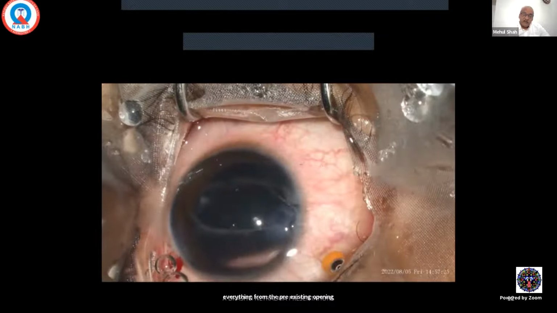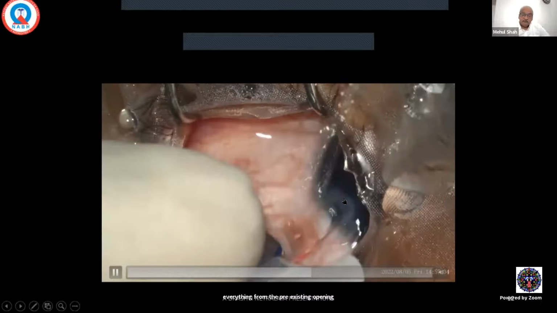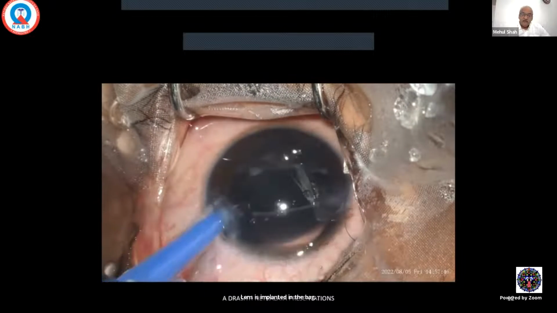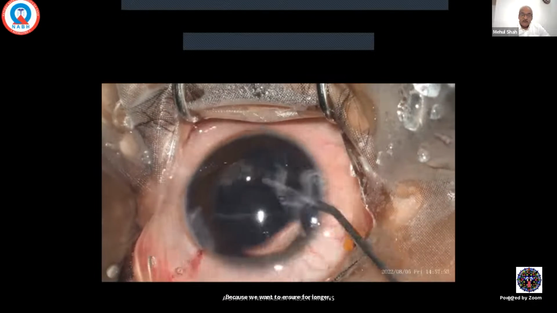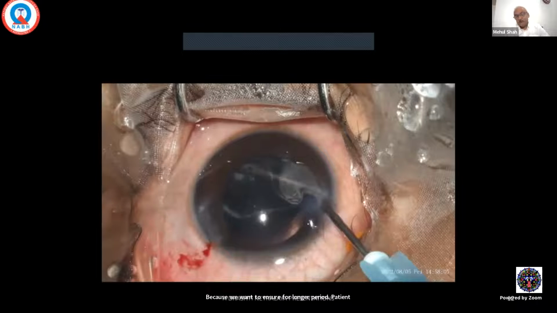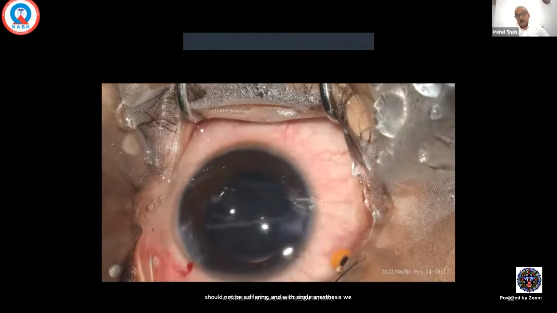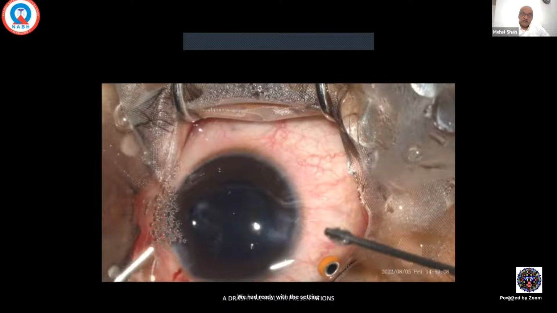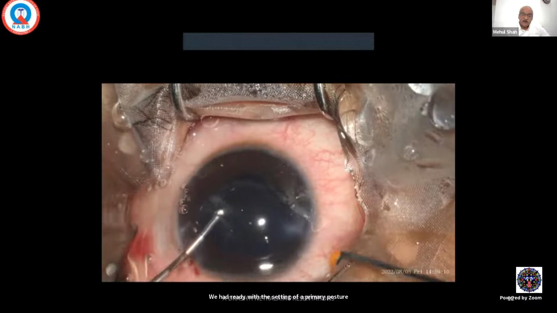The lens is implanted in the bag, because we want to ensure the patient does not suffer for a longer period, and with a single anesthesia we are ready with primary posterior capsulotomy and shallow anterior vitrectomy.